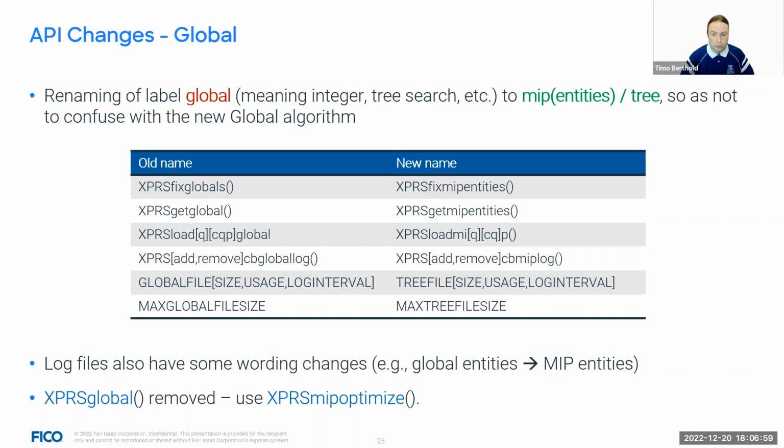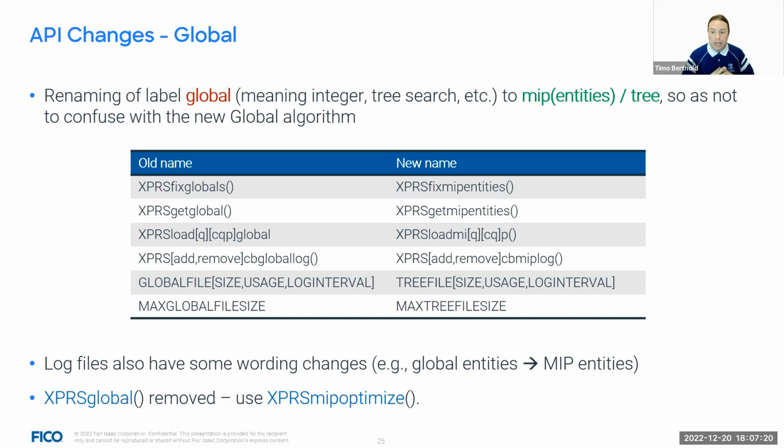But the search process, hence the branch and bound plus the cutting and heuristics, we also use the collective term of global search for this. So this is a nice take until you develop a global solver, and this naming might lead to some confusion.